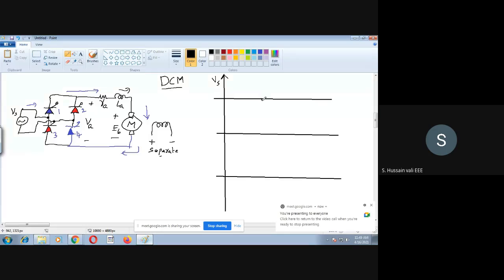So this is pi, this is 2 pi. Here we'll take alpha, and pi plus alpha.